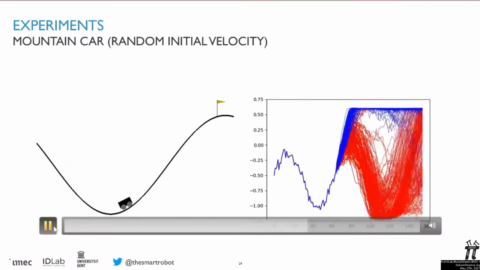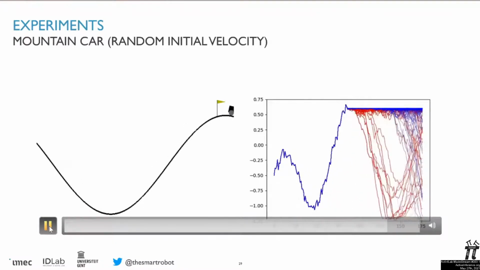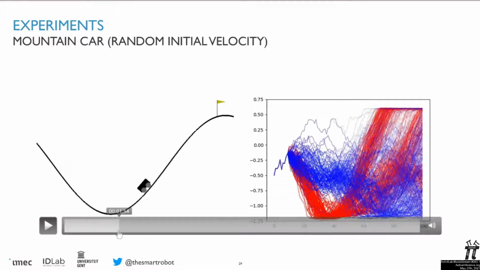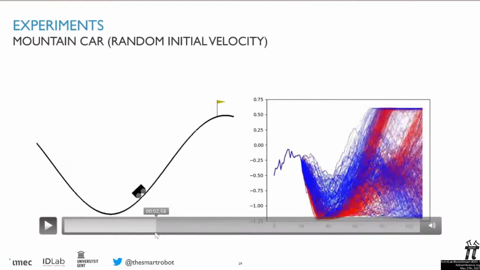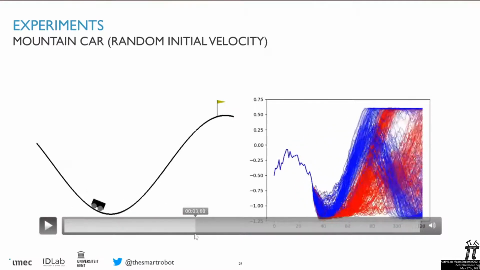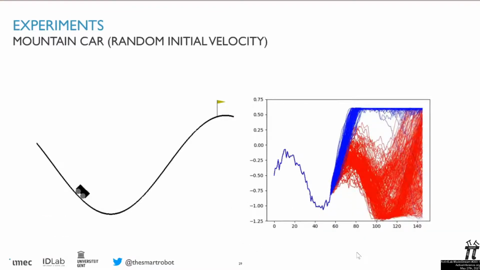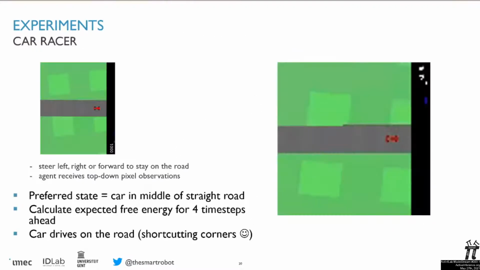And then as it gains more momentum, it will believe that all blue policies will reach the top. And it will even know that if I now go left, so I decelerate, then I will less likely reach the top. So as you can see now, it knows that red will not reach the top.